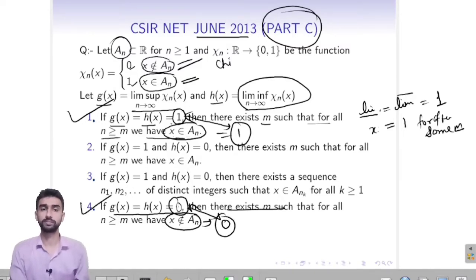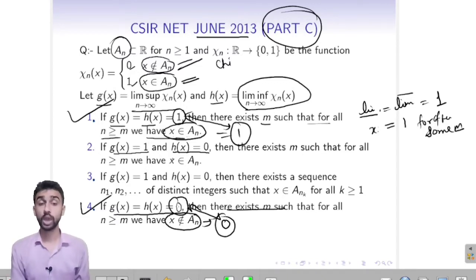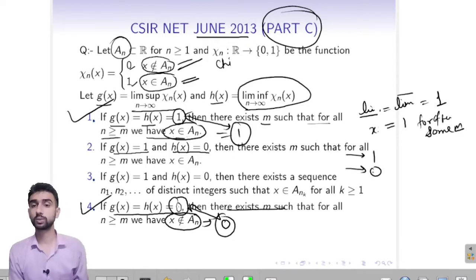Now let's see the others. Here it is saying gx is equal to 1, meaning limsup is 1, and hx is 0, meaning liminf is 0. Then there exists m such that for all n greater than m, x belongs to An. If the limsup is 1 and the liminf is 0, it means there will be a subsequence which converges to 1 and a subsequence which converges to 0.